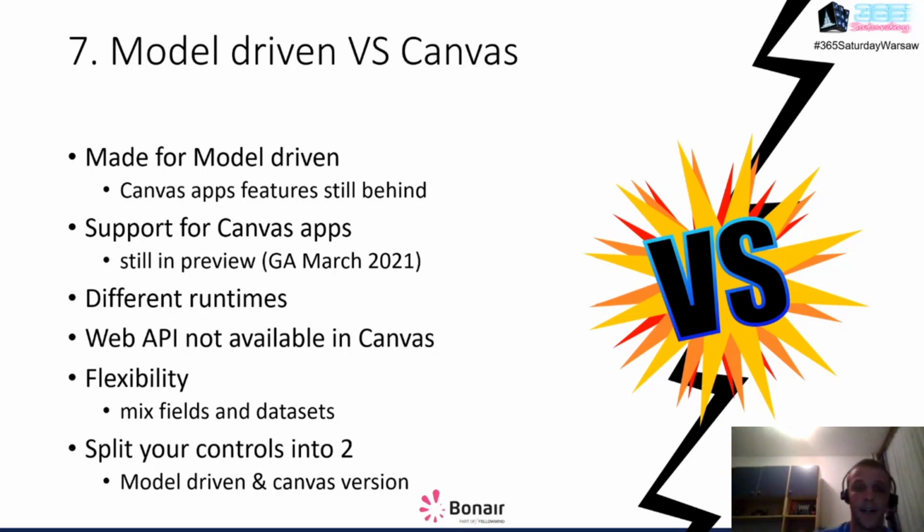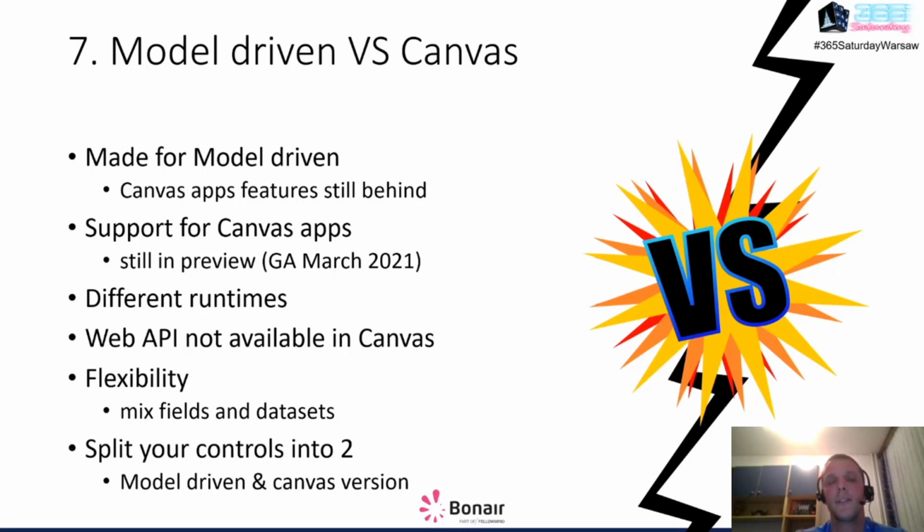In that case, I prefer to split the controls in two. So one control version for Canvas and one for model-driven apps. And I maintain them one by one. So if I need to make changes here, I need to change the other repo too, because in that way you will have them separated, and you don't need to think, if you are working on a model-driven, should that work on the Canvas too?